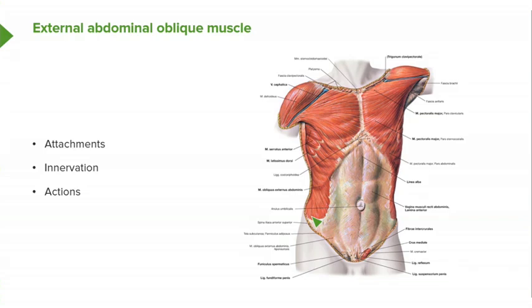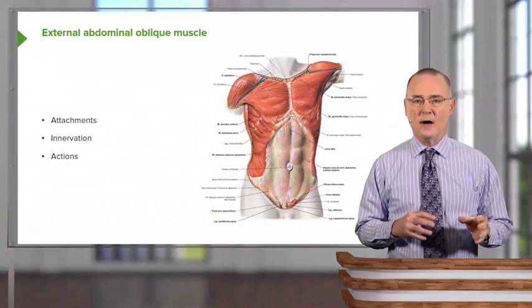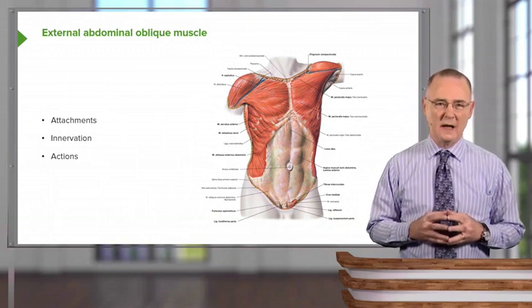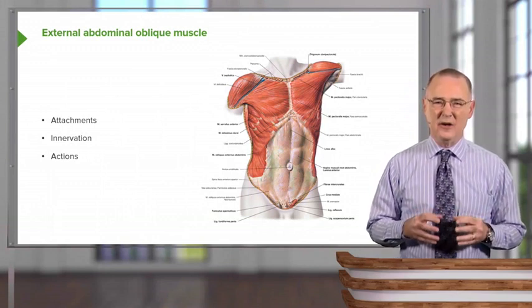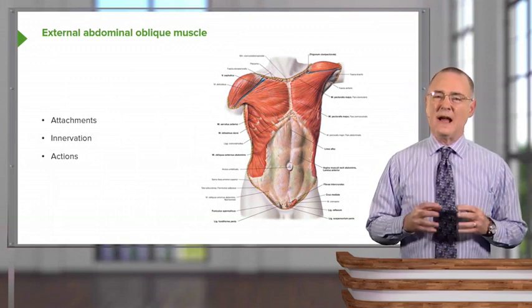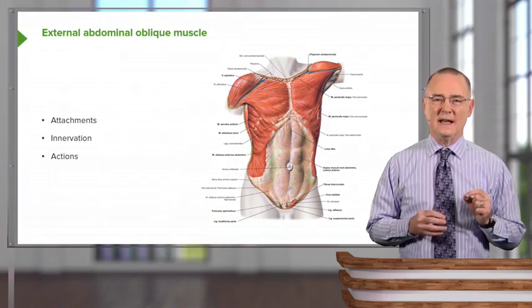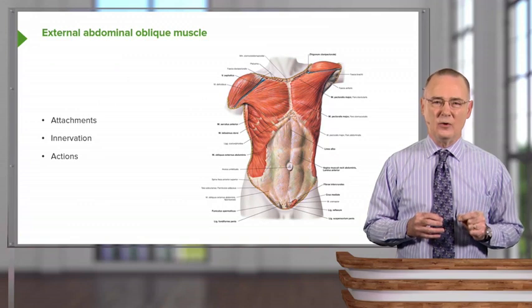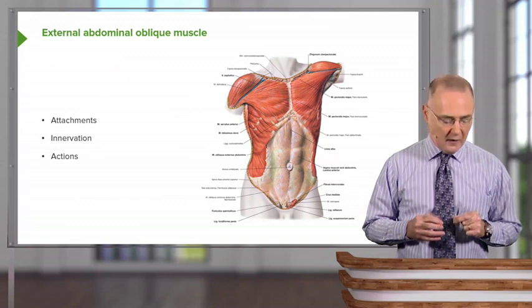The innervation of the external abdominal oblique will be from anterior rami of the inferior 6 thoracic spinal nerves. So we're looking at anterior rami from T7 all the way down through T12.